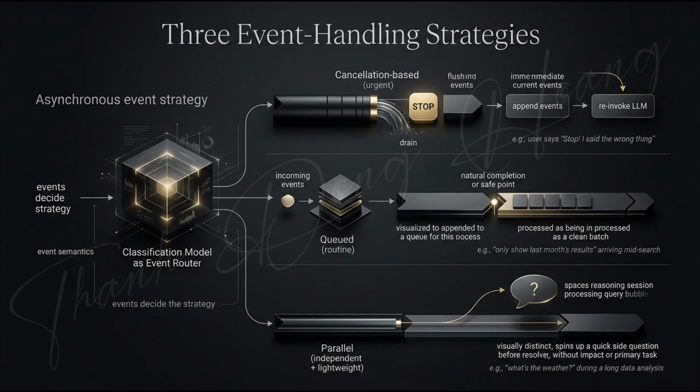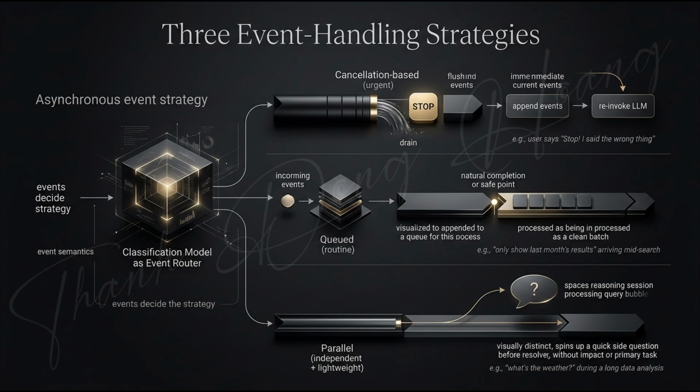For something routine, a small clarification arriving while a search is still running, just queue it and let the current step finish naturally. Then process everything together. For something independent and quick, a totally unrelated question popping up during a long task, handle it in a separate track entirely, without disturbing the main task or making the user wait.